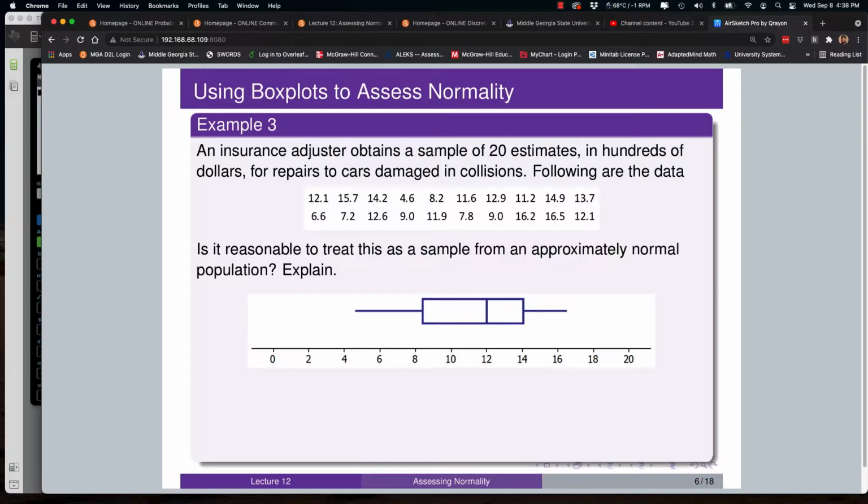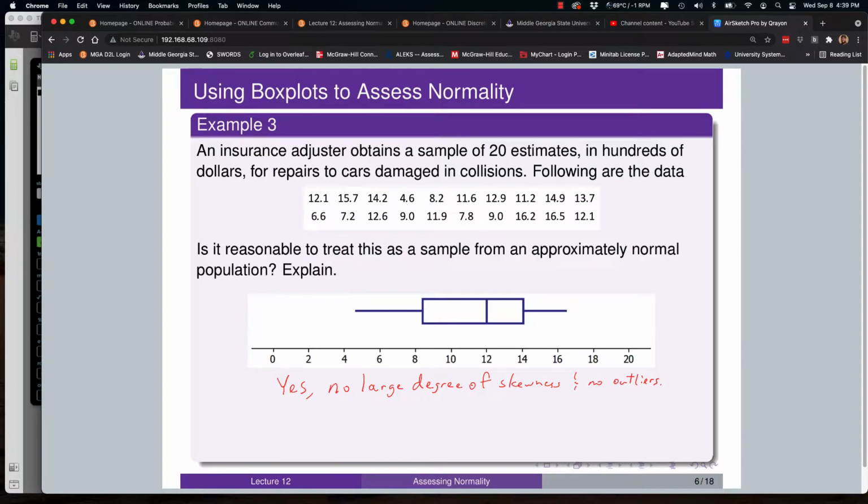But this is approximately normal. No large degree of skewness again, and no outliers. It doesn't mean that somebody couldn't come along and tell us that they think that that's skewed pretty heavily.